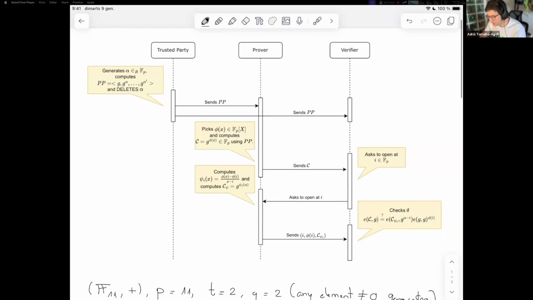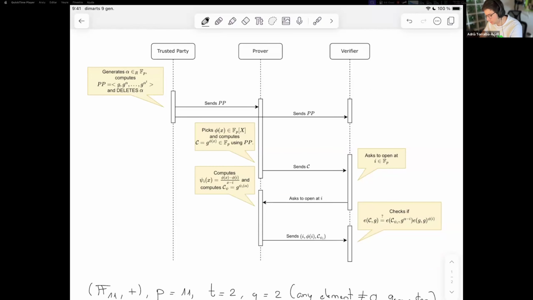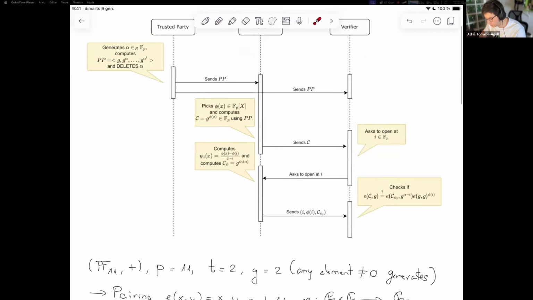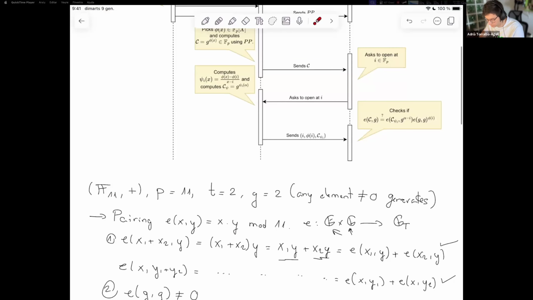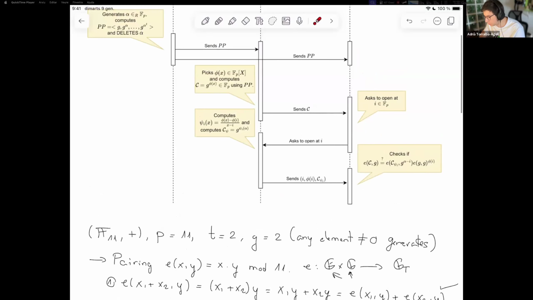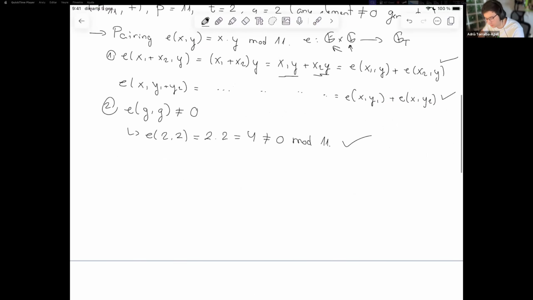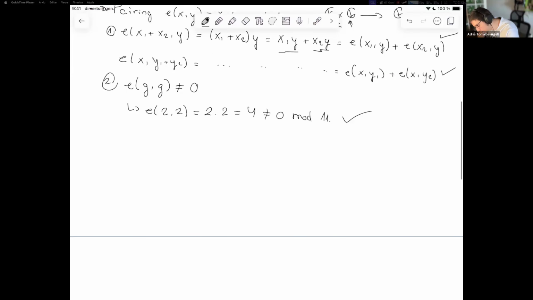Remember that the trusted party needs all of this setup here, and a pairing, and we want to output public parameters. So I will define that alpha is 3.